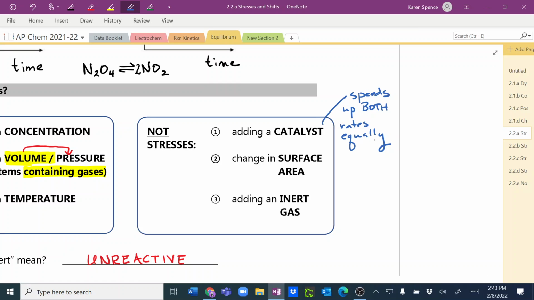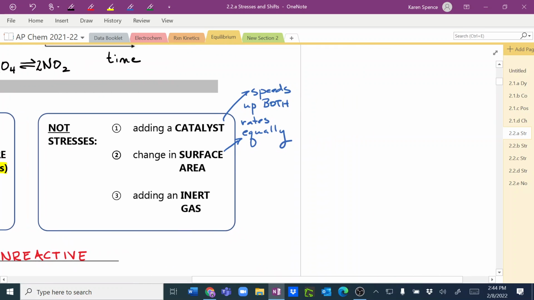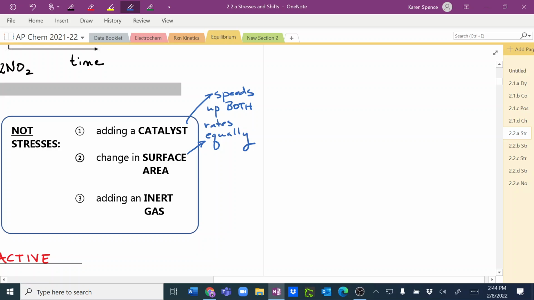If you change the surface area, it also speeds up both rates equally. And if you're having trouble imagining that, let's imagine that we have a beaker here. And at the bottom of the beaker, I have a pile of solid.